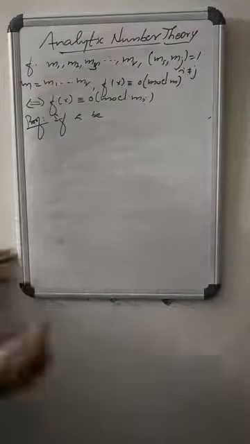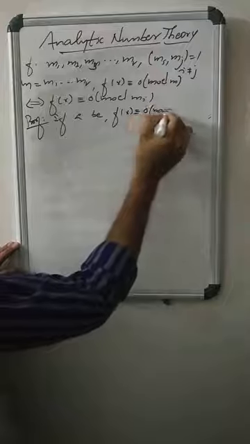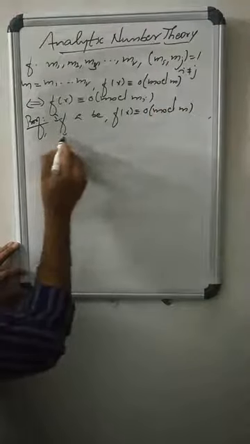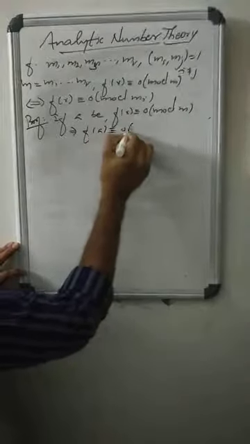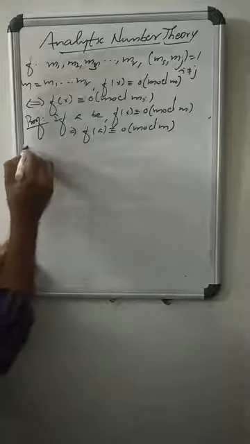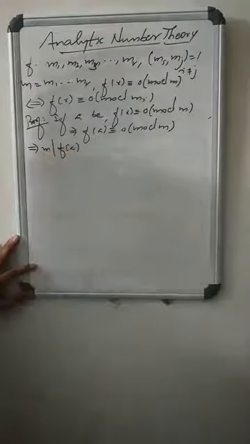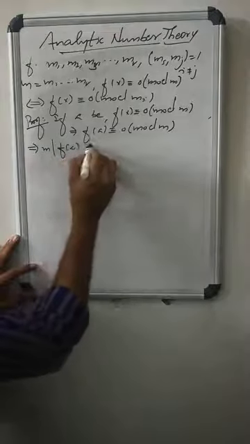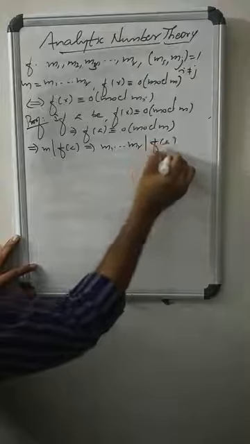Let A be the solution, so f of A is congruent to 0 mod m, which means m must divide f of A. Since m is the product m1 ... mr, the product must divide f of A.